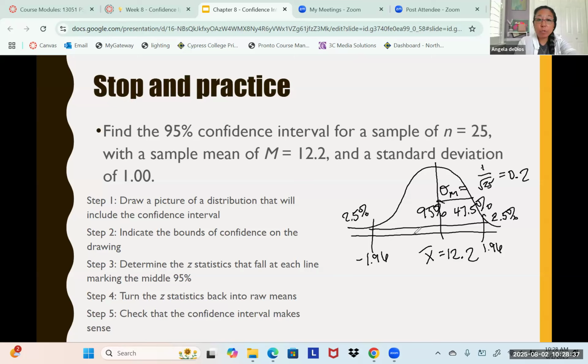And then we want to turn the z statistics back into raw means by plugging them into my z-score formula. Remember that mu is unknown. That's the part that we're trying to figure out.